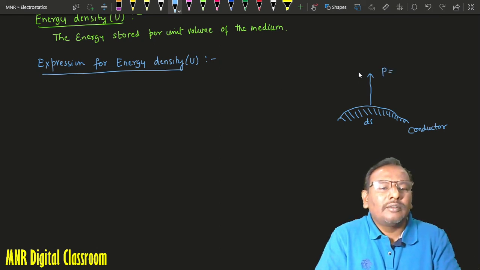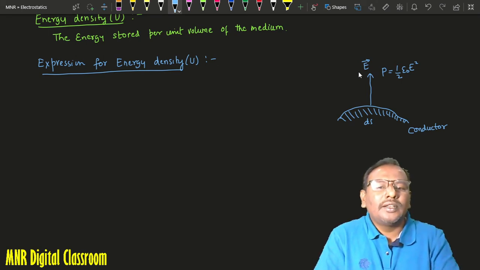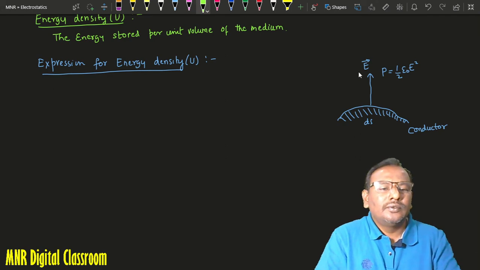This electrostatic pressure is equal to half epsilon naught E square. Here E is the electric field which is directed outwards. The effect of this electrostatic pressure is to displace the surface. Let us assume that the surface gets displaced through a small distance dl. There is a small change in volume.